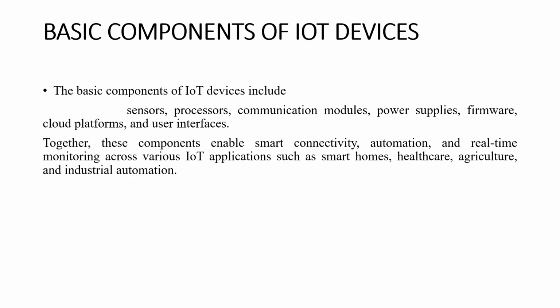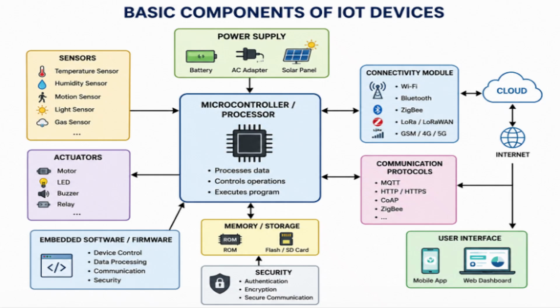Some basic components of IoT devices include sensor, processors, communication modules, power supplies, firmware, cloud platforms, user interface, etc. Together, these components work together to form an IoT device that works across various applications such as smart homes, healthcare, agriculture, industrial automation, etc.